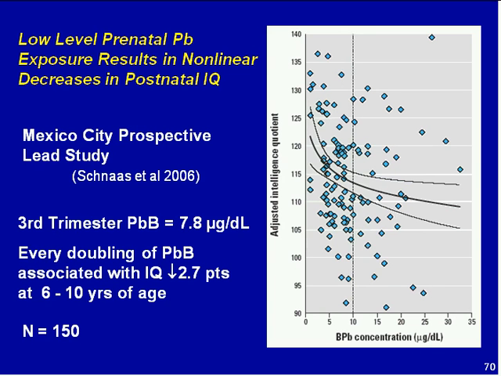But with every doubling of the maternal blood lead level during the third trimester, there was an associated decrease in the child's IQ of 2.7 points at age 6 to 10. And this is a study of 150 people.